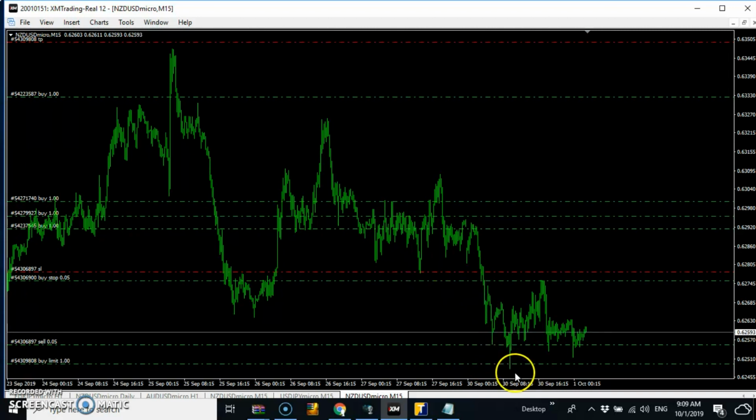It ends up here doing all this consolidation. The final result of this move, with this double bottom, triple bottom, or inverted head and shoulders, the end result of this move is that it is going up.